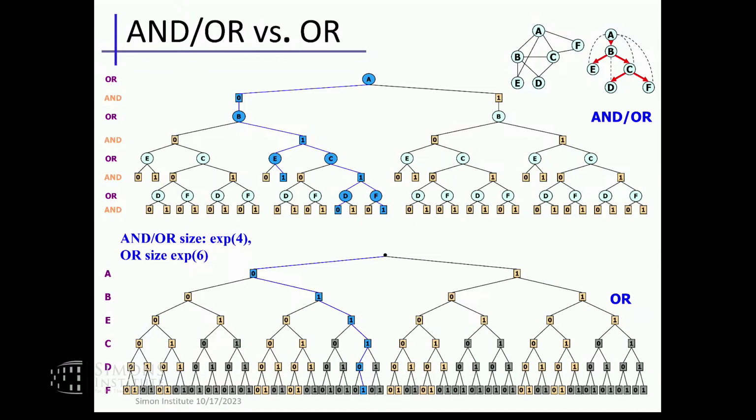But search is more flexible, so we want to exploit the structure, and we can. Instead of thinking about this tree, we can have this AND/OR tree. In this AND/OR tree, once we assign A and B a value, these two subproblems are decomposed into two subtrees, and this is an AND node. Let's solve this problem and this problem independently given the assignment.